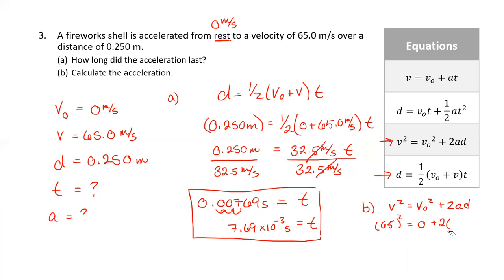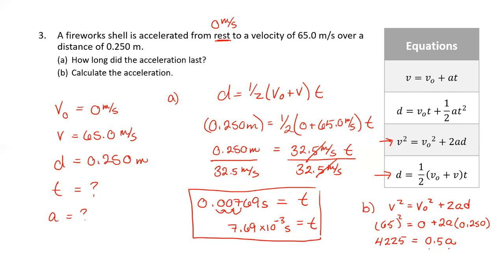I want to put just A instead of a bracket. And then our distance of 0.250. All right, so 65 squared leaves us with 4,225 is equal to 2 times 0.25 gives me 0.5A.